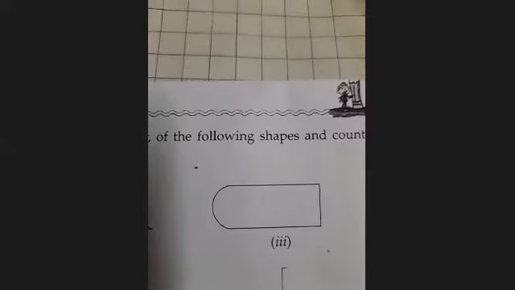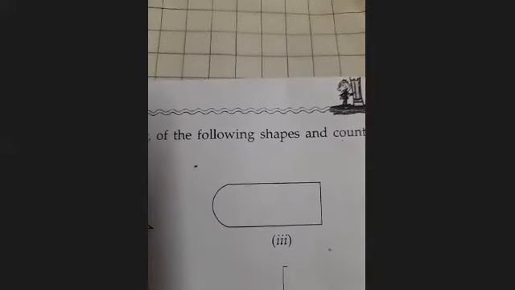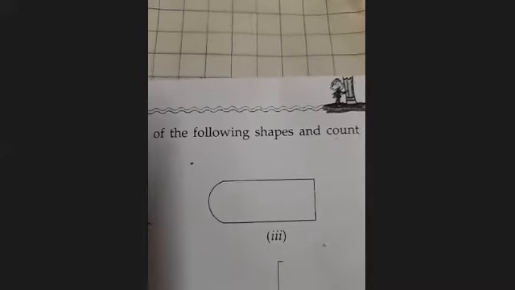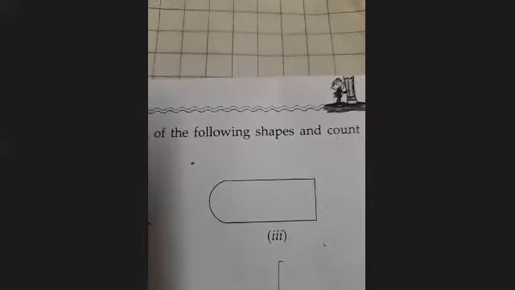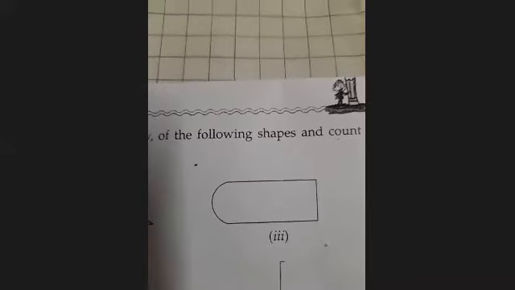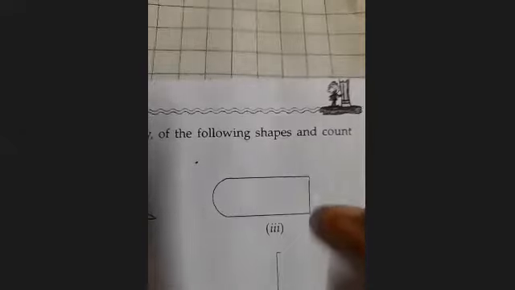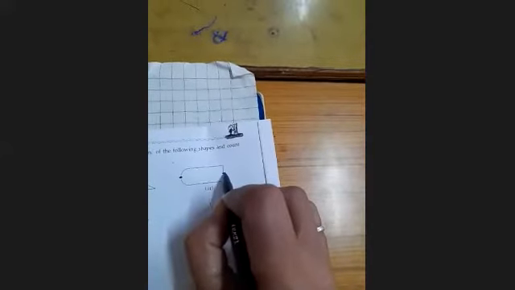Next is the third figure. Now students, observe this figure. First, see, can we divide this figure into two equal parts? If you can, then draw the line of symmetry. Yes, friends, we can divide this figure into two equal parts. So draw the line of symmetry. The line of symmetry is in the middle of this figure, vertically, horizontally.